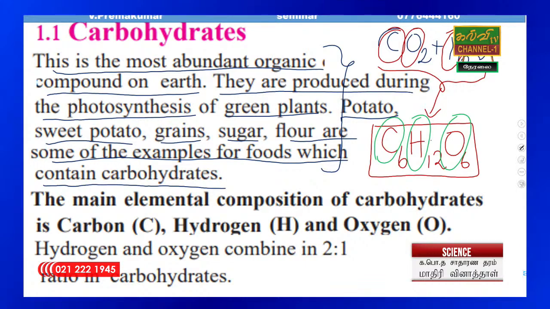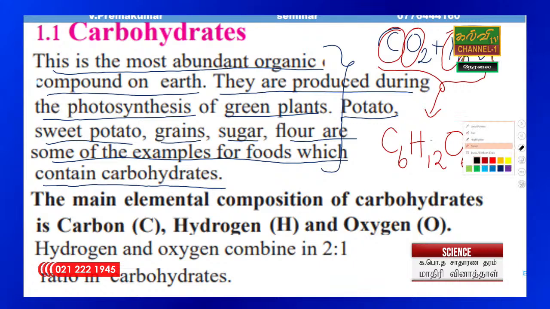So the main elemental composition of carbohydrates is carbon, hydrogen and oxygen, with hydrogen and oxygen combined 2:1. Here, for example, take the compound glucose. Here you find the proportion between them. Hydrogen, how much? Yes, that is 12.